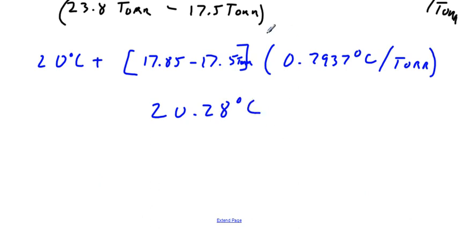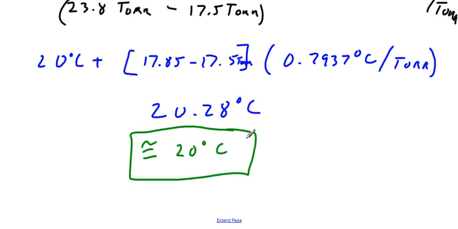And then we ask ourselves, how many significant digits do we have? Well, we don't have that many. So we round that off to 20 degrees as my final answer. And let that be the case.